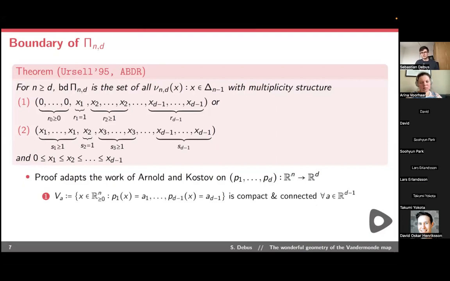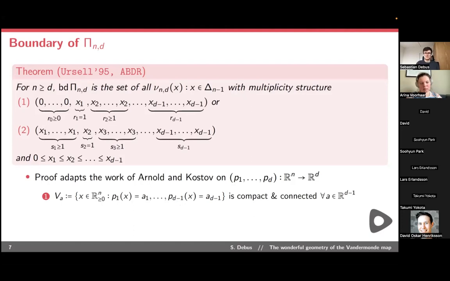One considers so-called Vandermonde fibers, and those are just the set of all x in the non-negative orthant such that p_1 is equal to some fixed a_1, up to p_{d-1} equal to some fixed a_{d-1}. And those fibers are either empty or they are compact and connected.